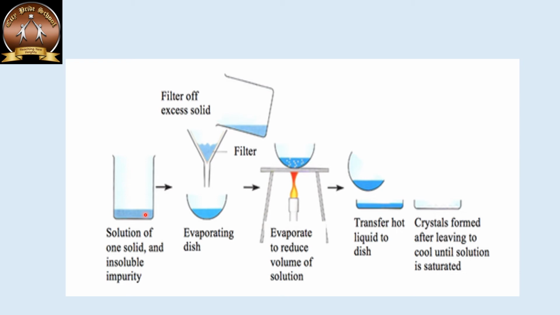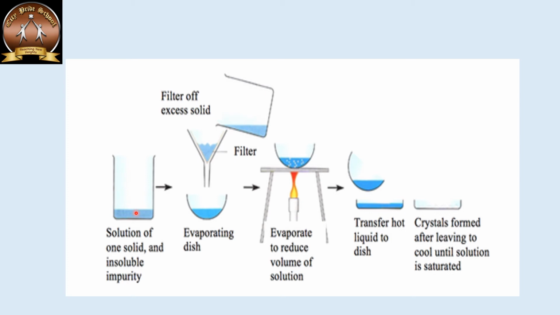Now, when it is a saturated solution, try to add a small amount of this impure sample into this beaker itself, which contains the saturated solution. This will lead to the impure compound being insoluble. Now we have to heat this. After heating, we know that the solubility increases.